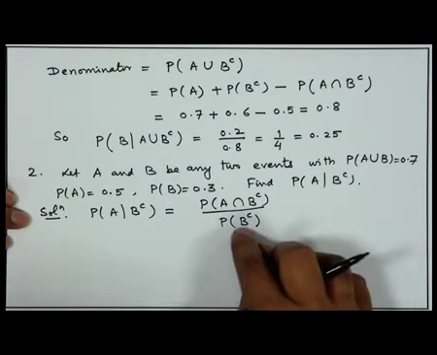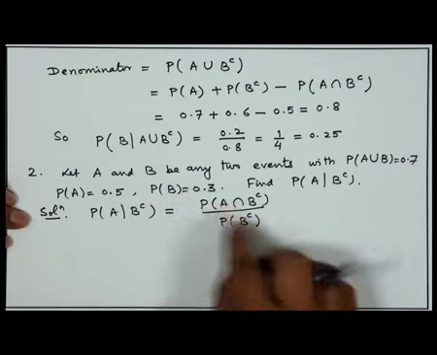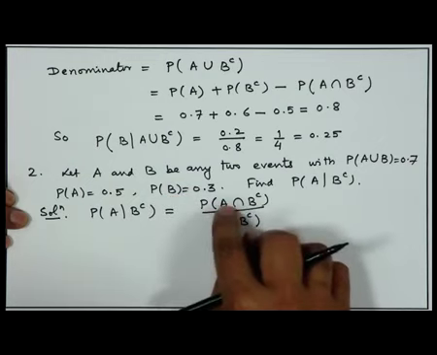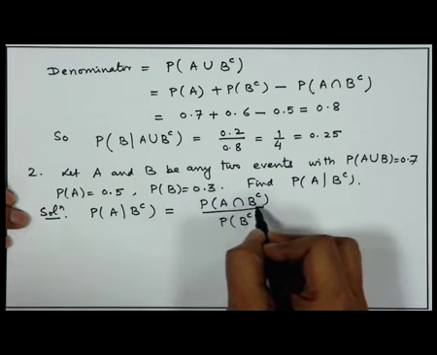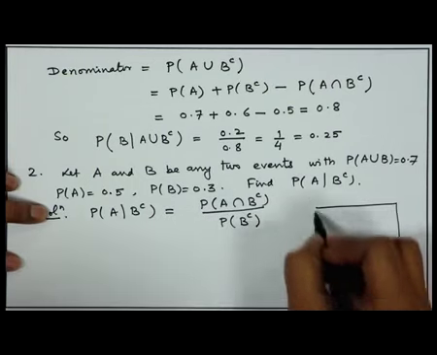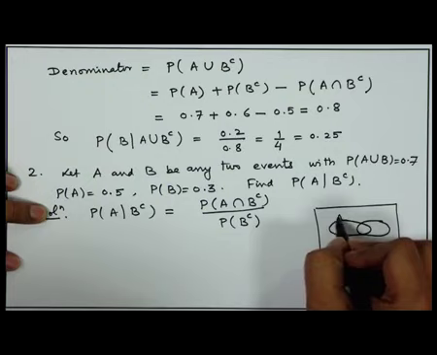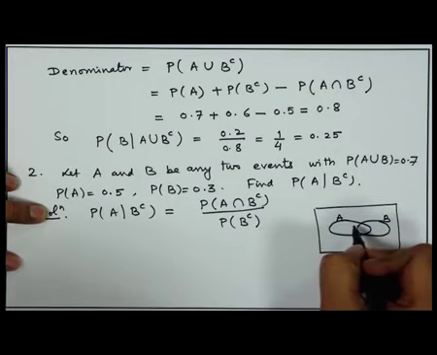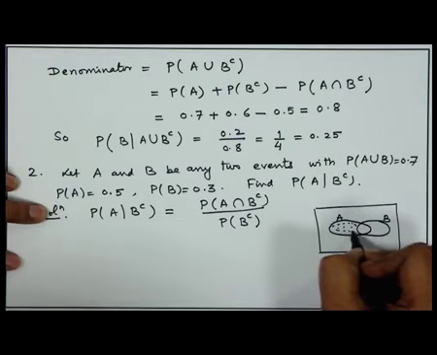Again you can see probability of B complement is available from probability of B. Let us look at this numerator here. Now, numerator is probability of A intersection B complement. Again through a Venn diagram we can easily understand. If this event is A, this event is B, then A intersection B complement is this part, which is actually A minus B.